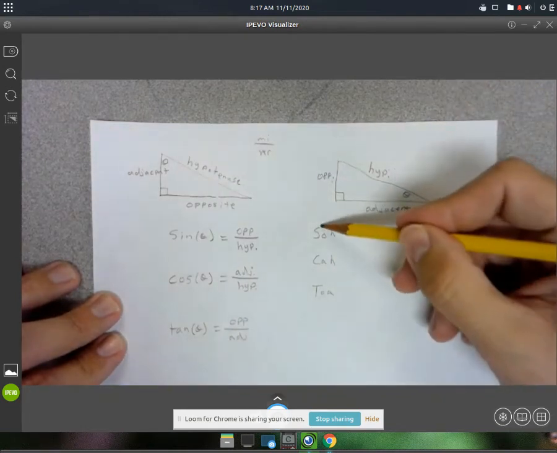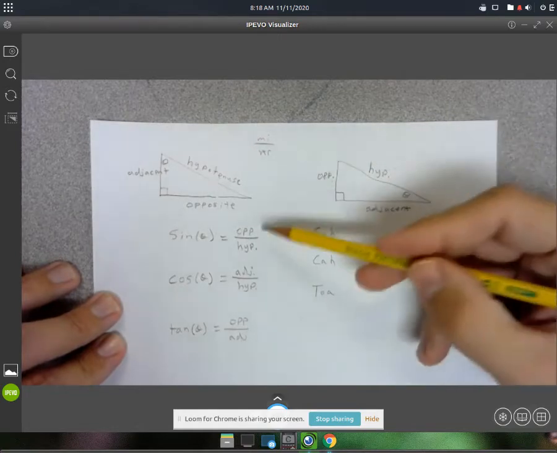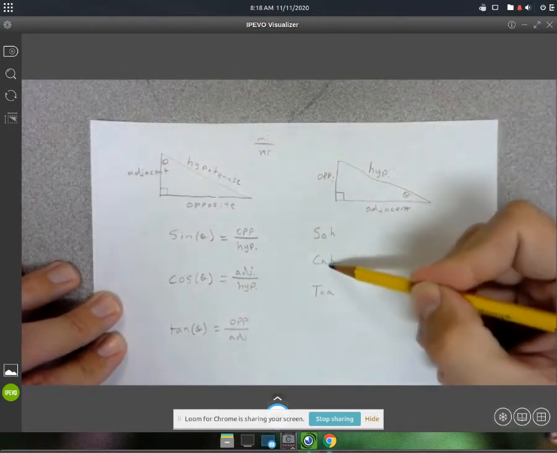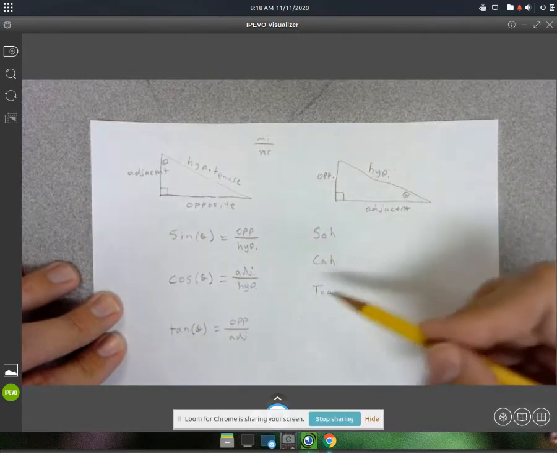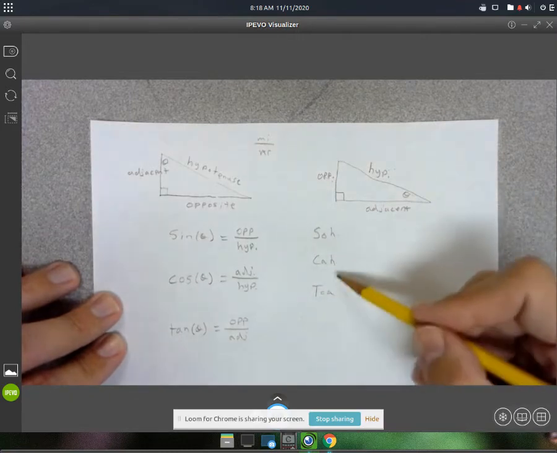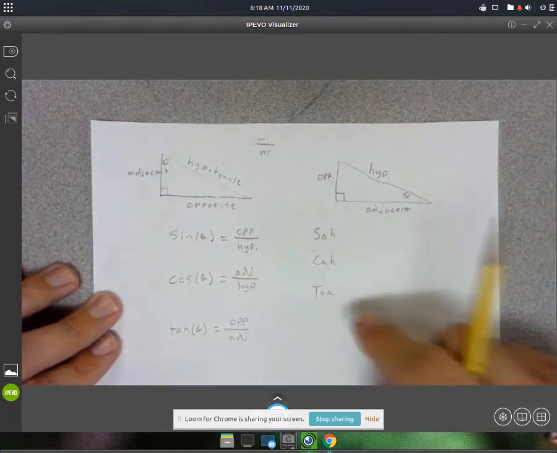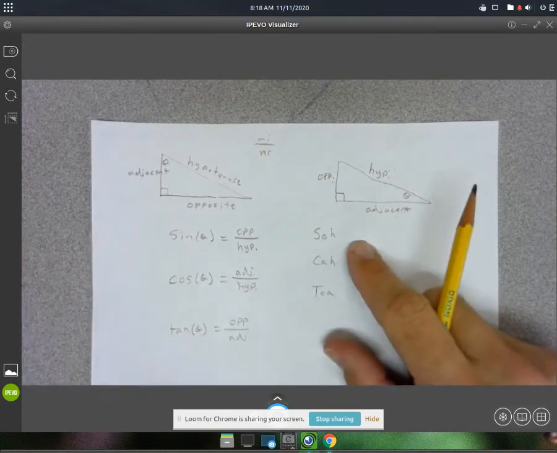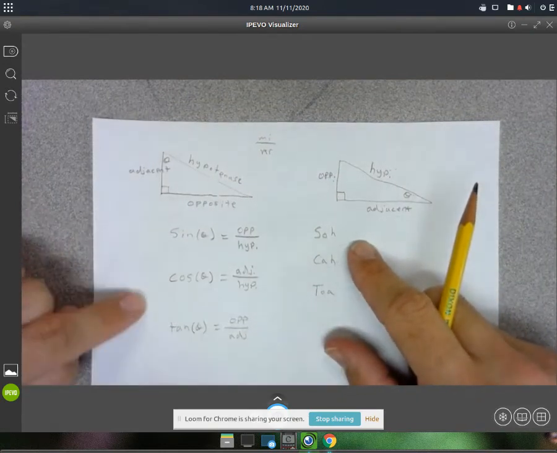So sine is opposite over hypotenuse, cosine is adjacent over hypotenuse, and tangent, your TOA, is opposite over adjacent. That's the most common way people memorize these.